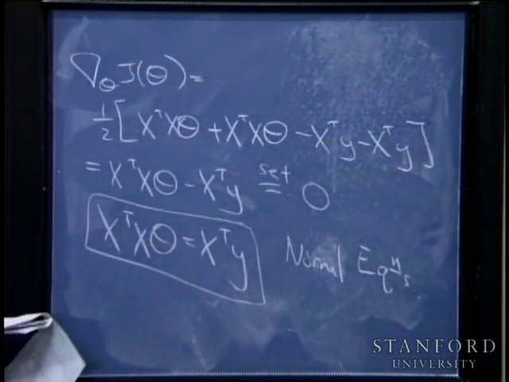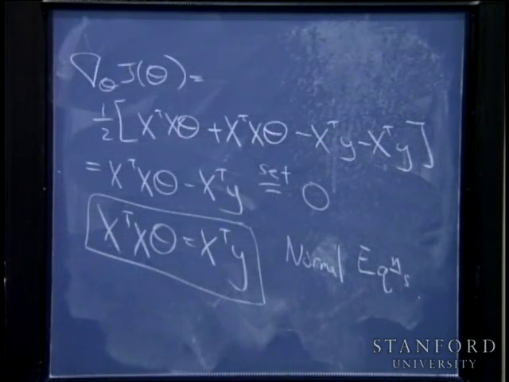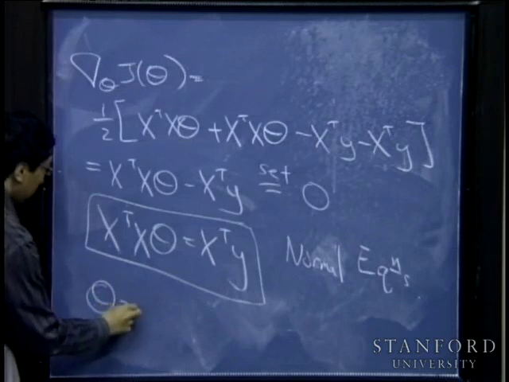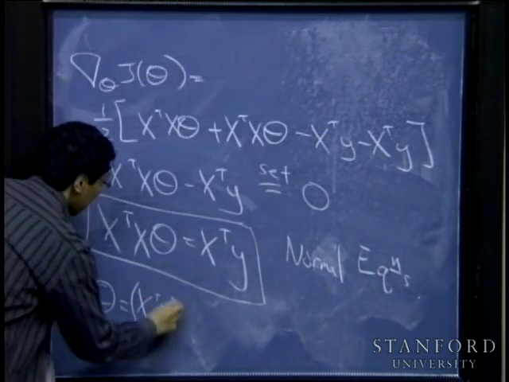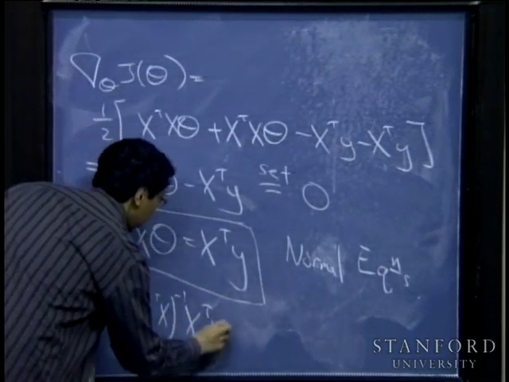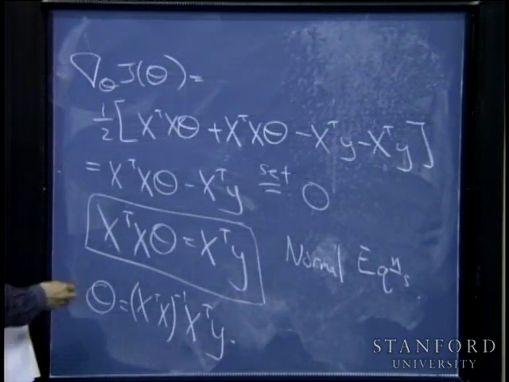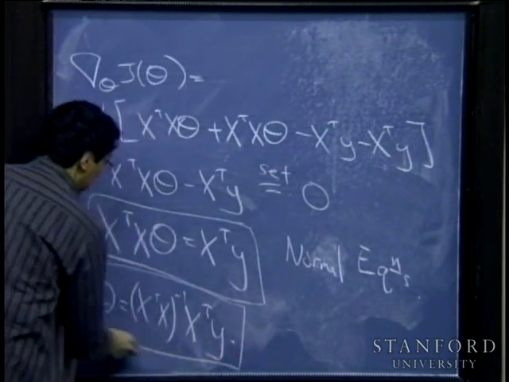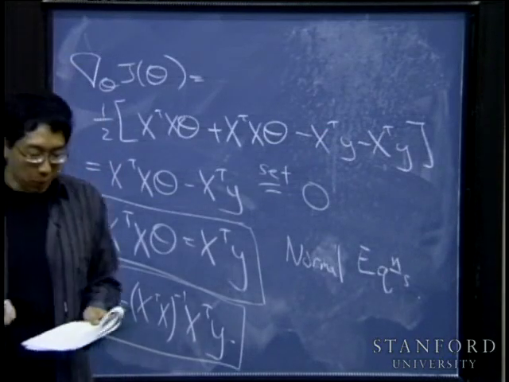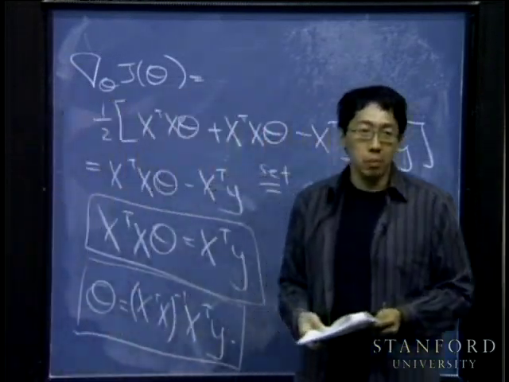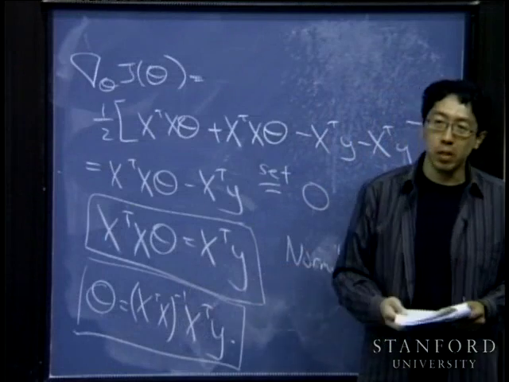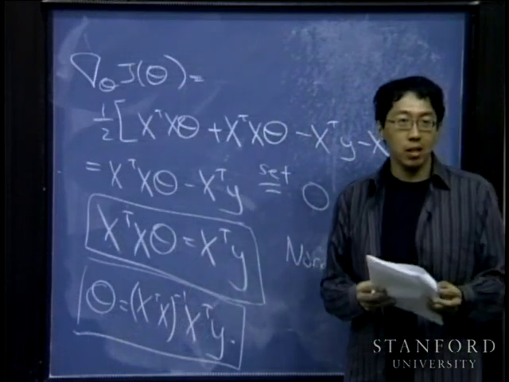And we can now solve this equation for theta in closed form as theta equals x transpose x inverse times x transpose y. And so this gives us a way for solving for the least squares fit to the parameters in closed form without needing to use an iterative algorithm like gradient descent. Okay?